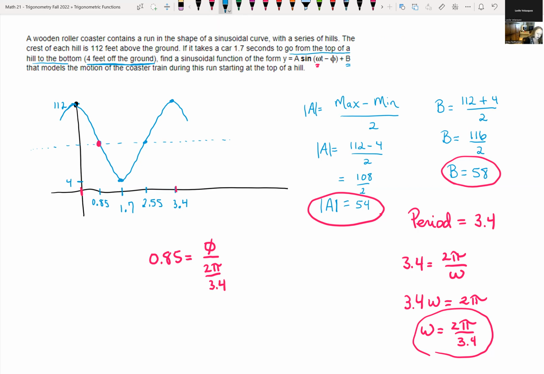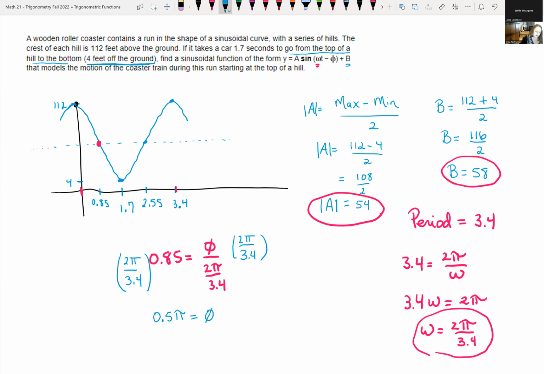So if we multiply both sides of our equation by 2 pi over 3.4, we get 0.85 divided by 3.4, which is 0.25, times 2. That gives me 0.5 pi is equal to phi.